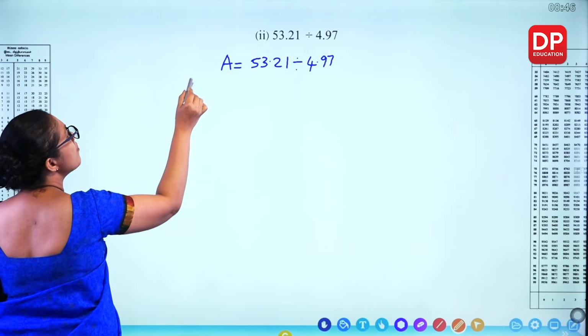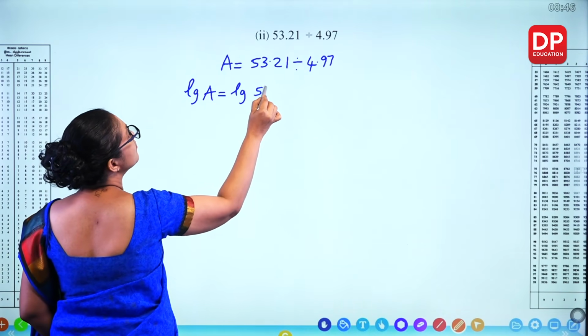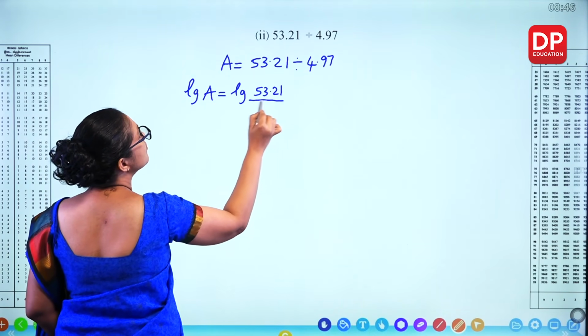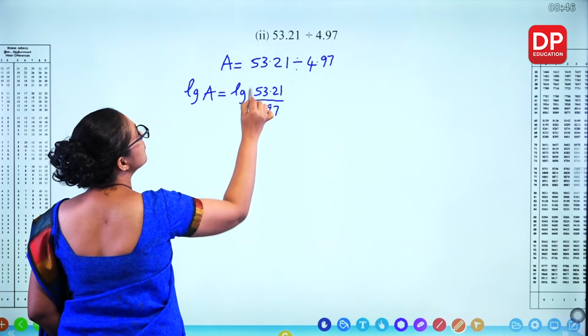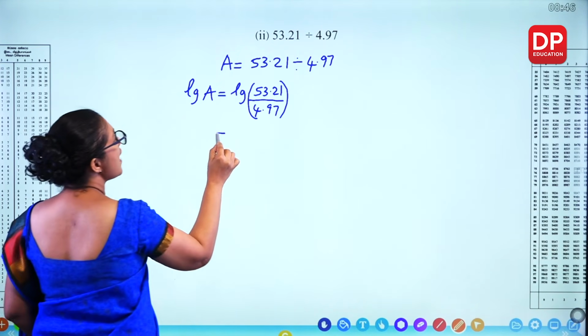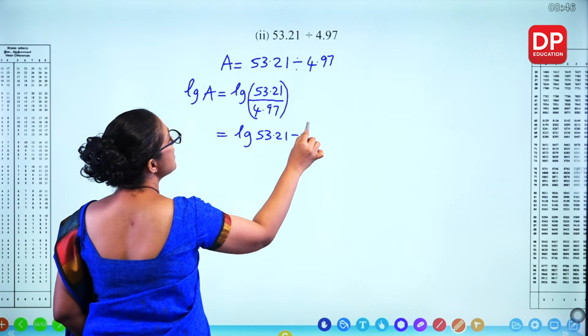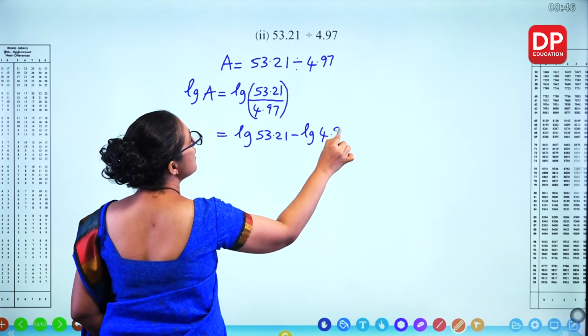And take log both sides. Division, what happens to the logarithms? Subtraction. LG 53.21 minus LG 4.97.